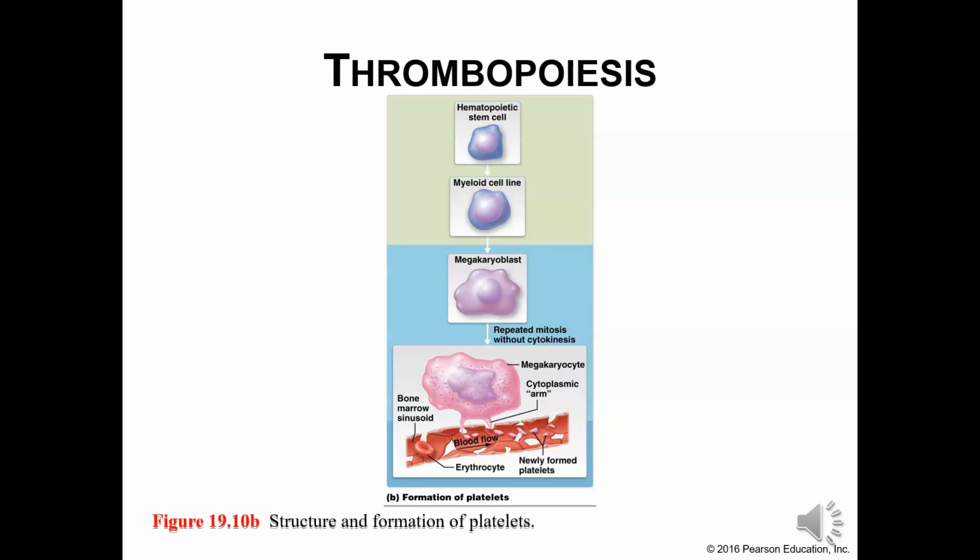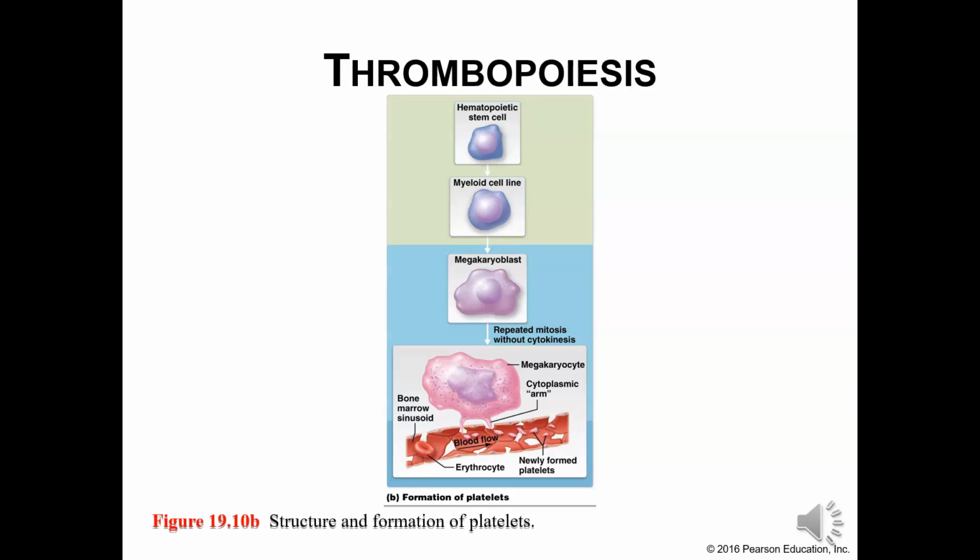So in thrombopoiesis, the making of platelets, you have a hematopoietic stem cell. Remember, this is a stem cell for all of your blood cells. It becomes a myeloid cell line, the same cell line that differentiates into your basophils, neutrophils, and eosinophils. It then becomes a megakaryoblast, which goes through repeated mitosis without cytokinesis, so you don't get any splitting of the cytoplasm.